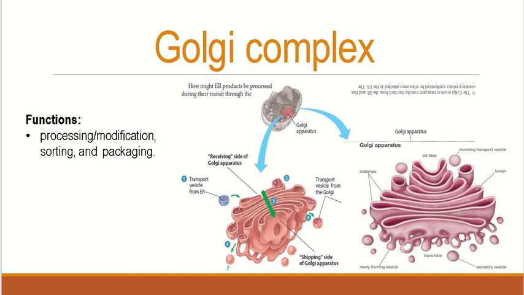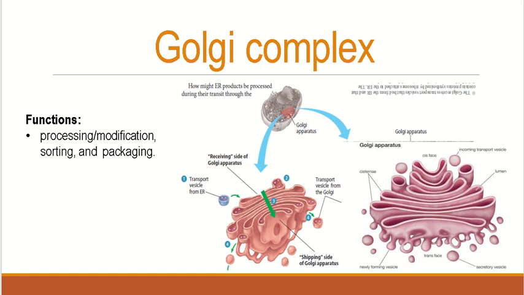Now, how does the Golgi complex work? Well, first, you need to understand that a transport vesicle, again coming from the ER, fuses with the cis Golgi network or with the cis face, adding membrane and content to the receiving side.